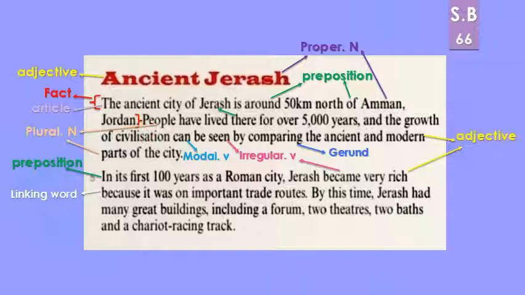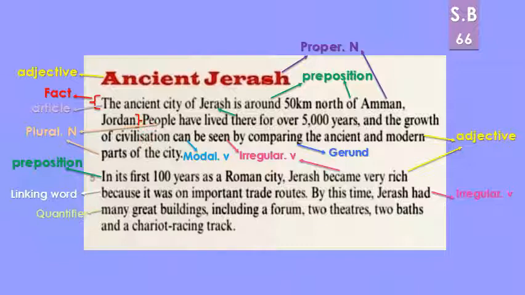So Jerash had great buildings. إذا جرش كانت تملك بنايات رائعة. So these are formula: 2 theaters, 2 baths, and chariot racing track. Okay guys, now, so what is the part of speech of had? It is irregular verb, and here it is main verb هي فعل رئيسي.